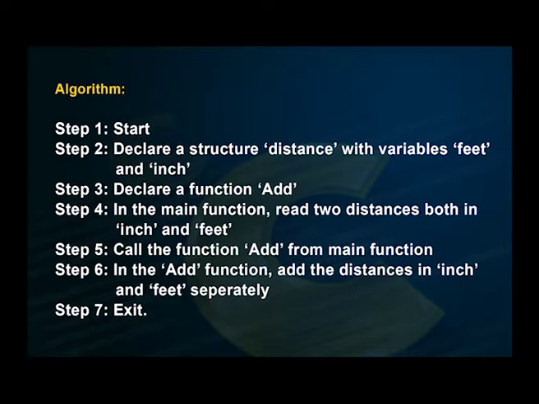Step 3, declare a function add. Step 4, in the main function read 2 distances both in inch and feet. Step 5, call the function add from main function. Step 6, in the add function add the distances in inch and feet separately. Step 7, exit.